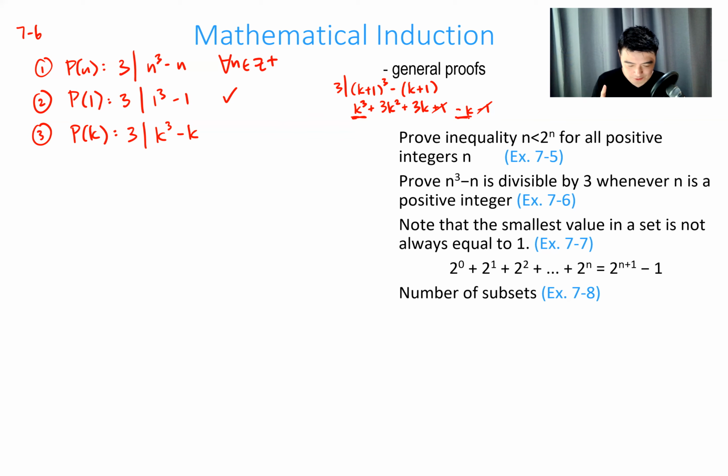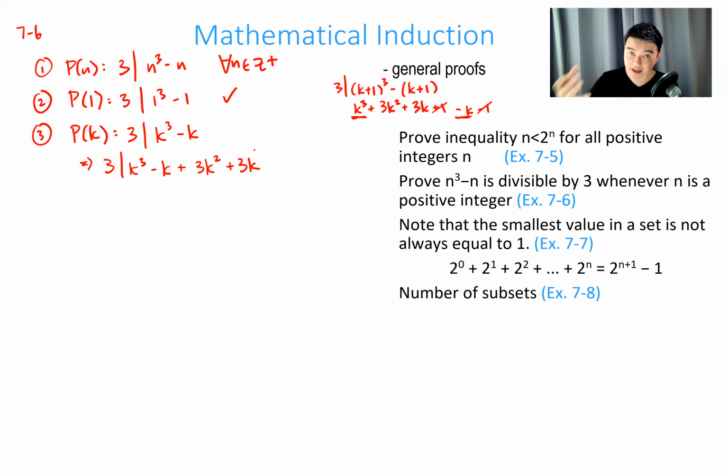So how I'm going to argue this is that since P of k is true, that 3 divides k cubed minus k. Therefore, so now I'm going in the forward direction, therefore, 3 divides k cubed minus k, and then plus 3k squared plus 3k.